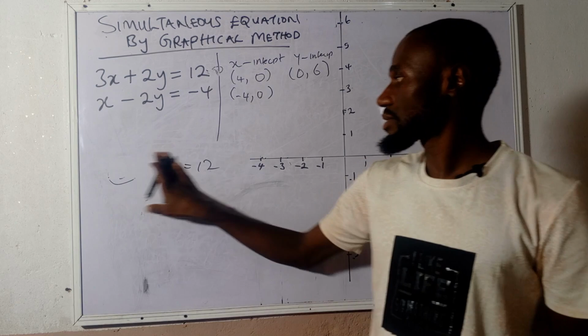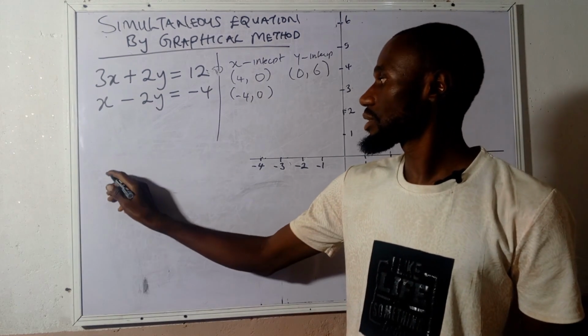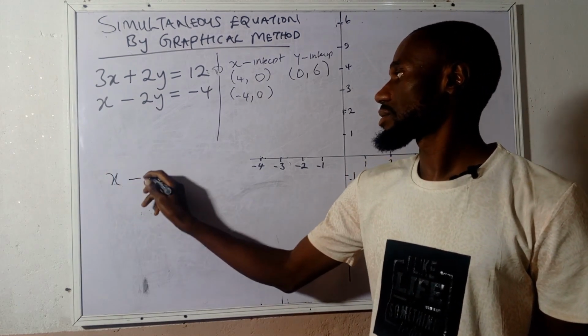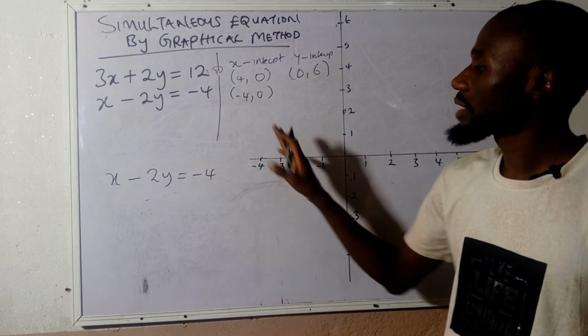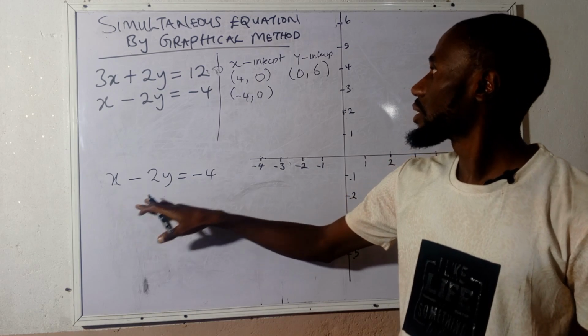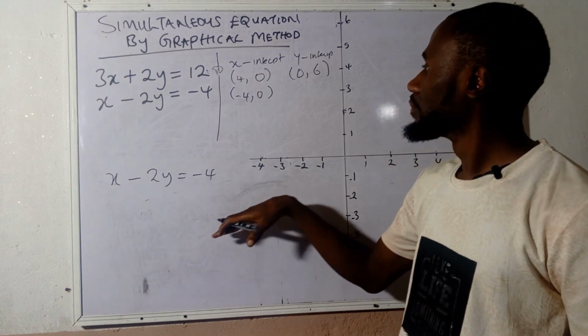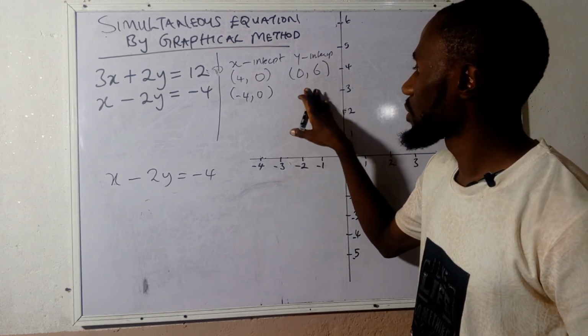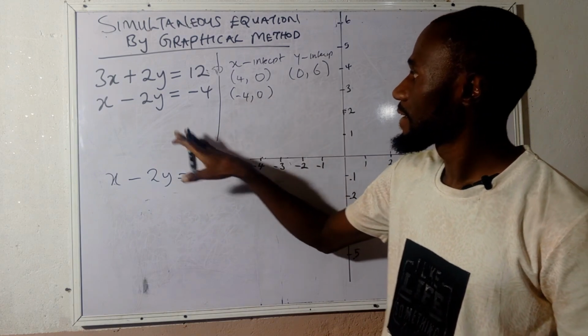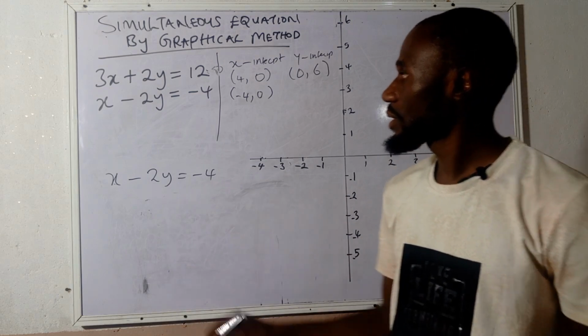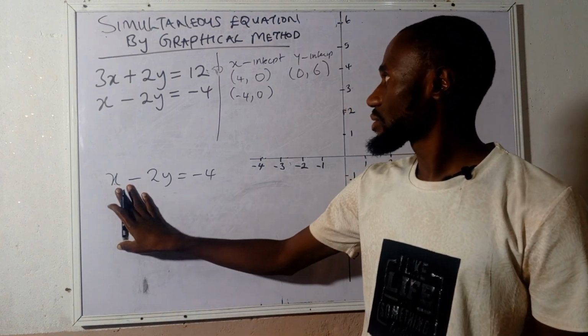Then let's solve for the second equation. We have x minus 2y is equal to minus 4. We make x equal to 0.